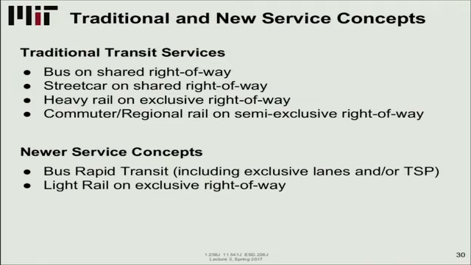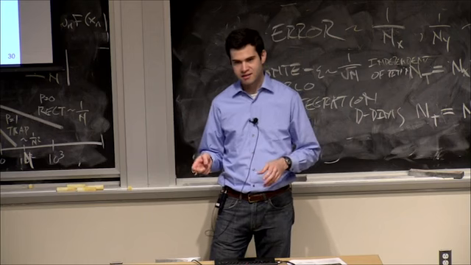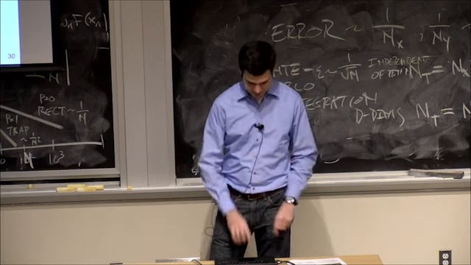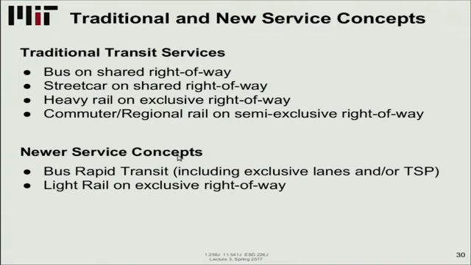Okay. So what are the traditional service concepts? Bus on shared right-of-way, streetcar or let's say light rail on shared right-of-way, heavy rail on exclusive right-of-way, and then commuter or regional rail on something that is semi-exclusive or exclusive right-of-way. Sometimes commuter rail shares the segments with freight, and that's why it's semi-exclusive. Newer service concepts, BRT.